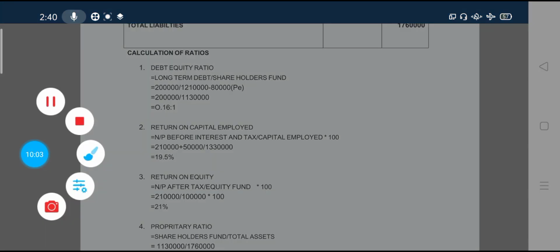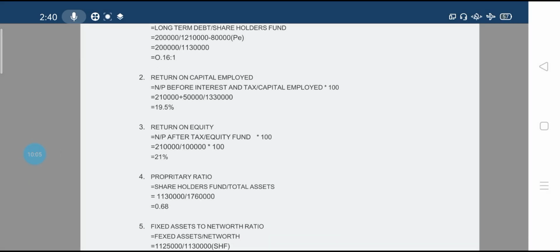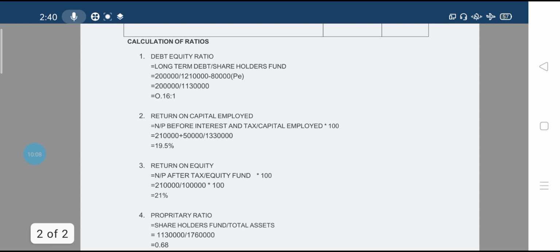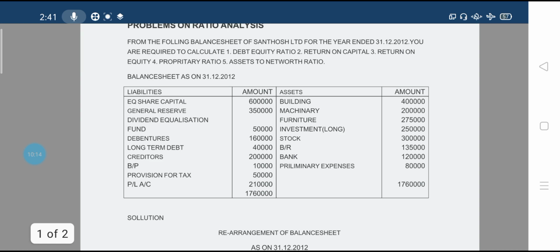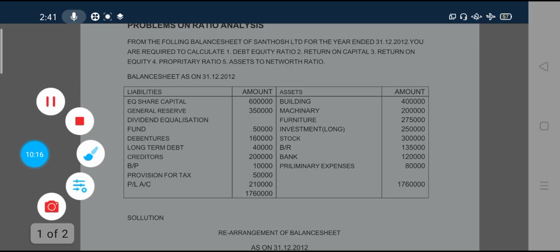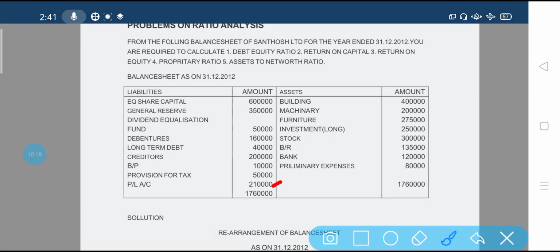Let's see where this amount comes from. See the balance sheet in the given problem: 2,10,000 and 50,000. Before tax means we have to add the tax which is already deducted in that P&L account.